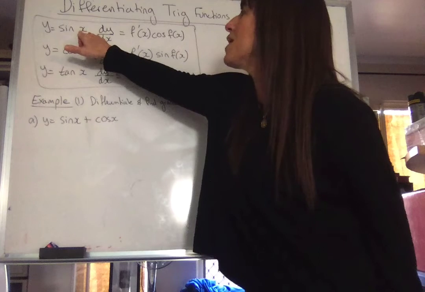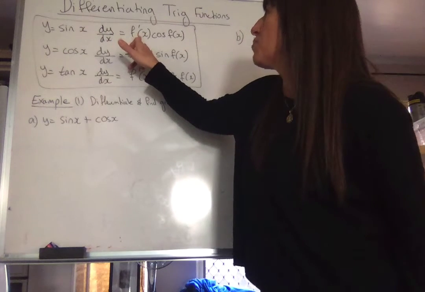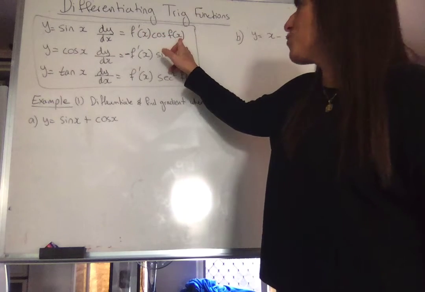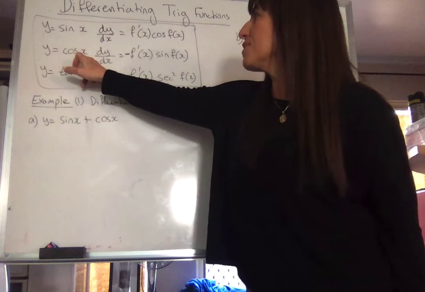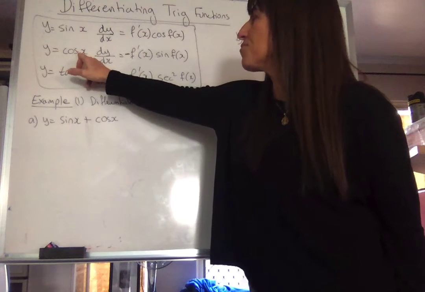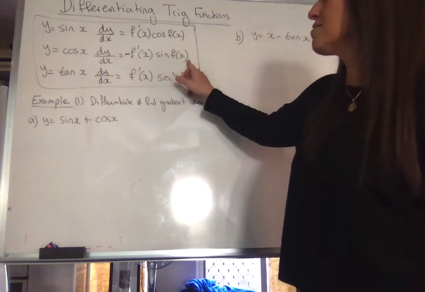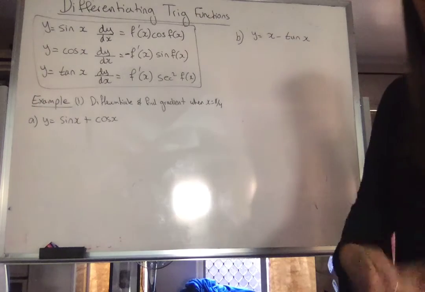If that was 2x, then the derivative of 2x is 2. So I will end up with 2 cos 2x. If there was a 3 in front of cos x, well, the derivative of 3x is 3. So that's negative 3 sine 3x, and so on. So there's the idea, and then we can develop on that later.